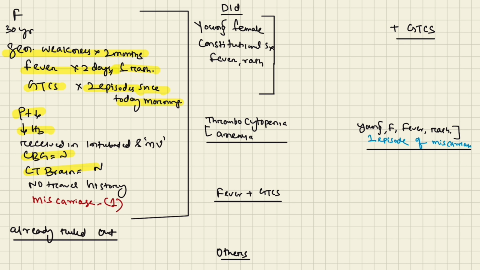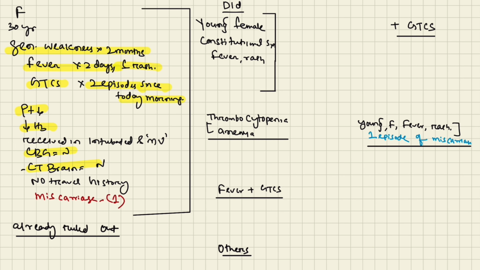On arrival, as you know, a patient who comes to us with GTCS, immediately we check sugar. Immediately we do a CT scan of the brain to rule out life-threatening things. So the CT scan is normal. That means in most cases, acute ischemic stroke is ruled out. But in a few cases, early in the CT scan, you cannot rule out acute ischemic stroke, so it needs an MRI brain.